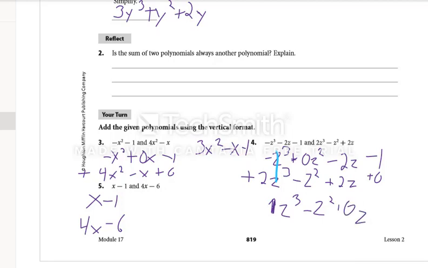And negative 1 plus 0 is minus 1. So simplifying that, we can rewrite that. It's just 1z cubed, so we can just write z cubed minus z squared minus 1. All right, and the last one, x minus 1, 4x minus 6, x plus 4x is 5x, and negative 1 minus 6 is negative 7. Okay.